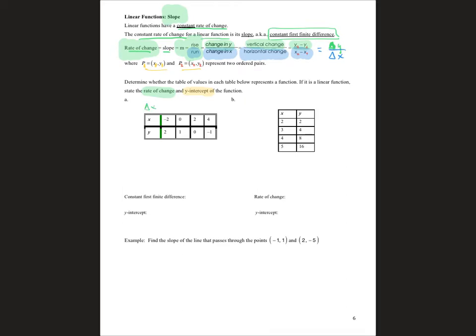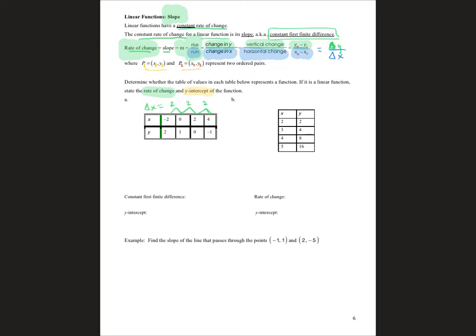I'm going to start with the furthest one, x2 minus x1. 4 minus 2, 2. 2 minus 0, 2. 0 minus a negative 2, 2. Oh, I'm getting excited. My change in x is constant, but I'm not done.